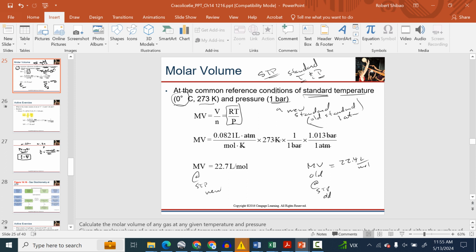Beauty of education. So I thought, what was the purpose of memorizing this? And so a lot of people will have you memorize the new one. The new one's 22.7. Why? Oh, you know what? I got it mixed up. The old is really, no, the old one's 22.4. The new one's 22.7. It's bigger volume because 1 bar is smaller than 1 atmosphere. It's like 0.99 something atmospheres per bar.